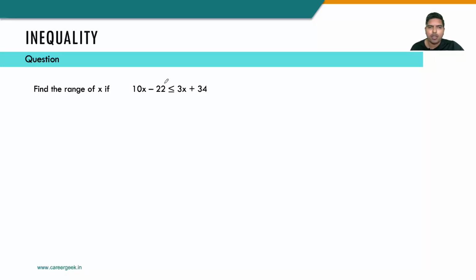So we bring 3x to the left hand side, all the variables to one side and all the constants to the other side. So you either subtract, or you bring 3x to this side and you add 22. For addition or subtraction, or if you take 22 to the other side, nothing changes.